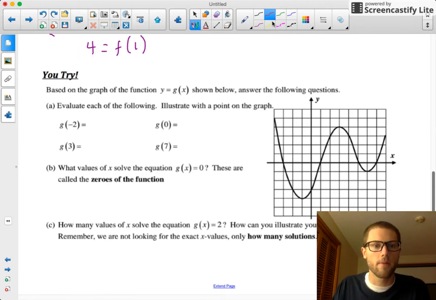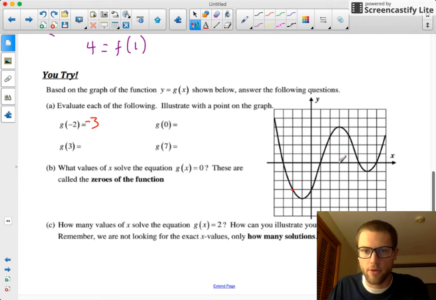All right, so for g of -2, I'm going to look for my input of -2, and here's my output at -1, 2, 3. So g of -2 is going to equal -3. For g of 3, I'm looking for an input of 3, and I have an output of 1, 2, 3, 4.